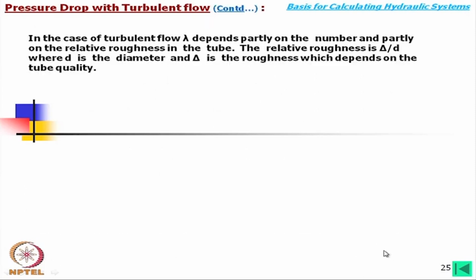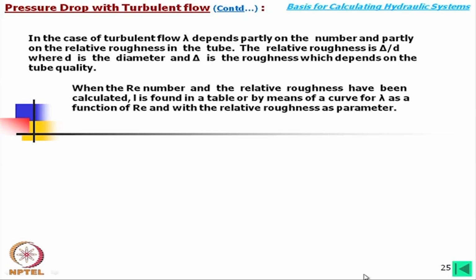In the case of turbulent flow, lambda depends partly on the Reynolds number and partly on the relative roughness in the tube. The relative roughness is delta by D, where D is the diameter and delta is the roughness, which depends on the tube quality.